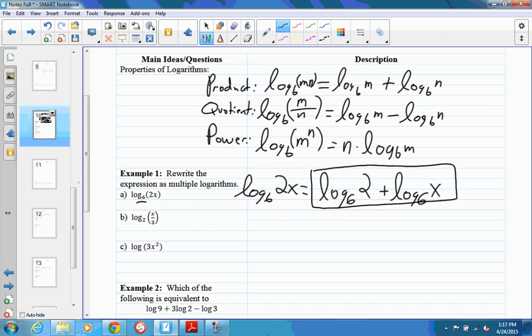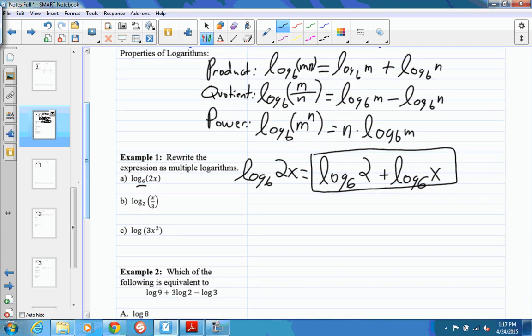All right, so this next one, log base 2 of x over 3. Which property am I going to use here? Quotient property. So I've got log base 2 of something minus log base 2 of something. What comes first?